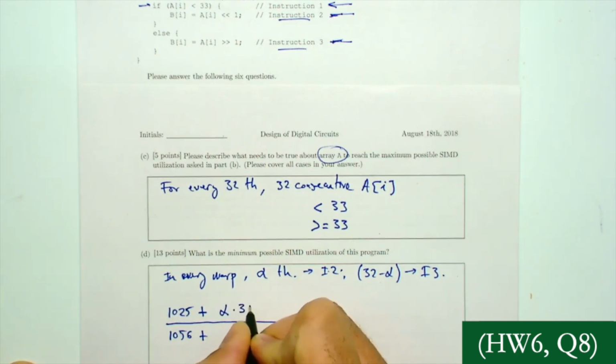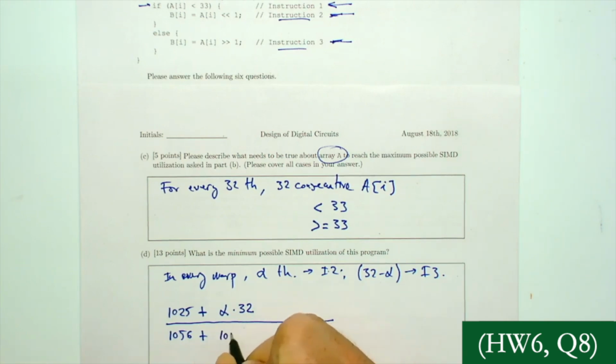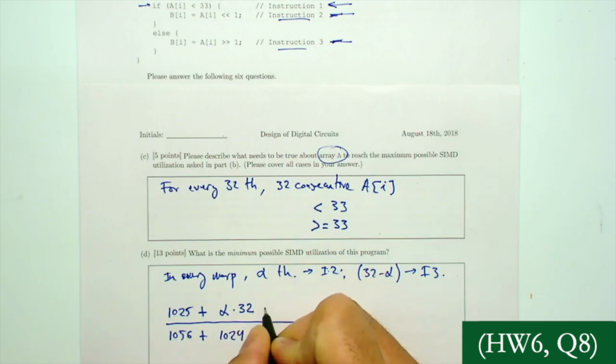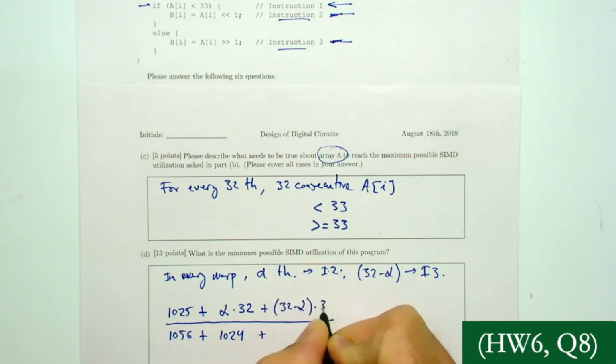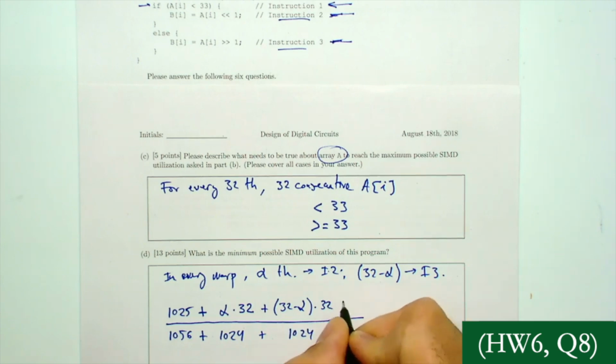We have 32 complete warps. I'm talking only about the complete warps. We will talk about the last warp with one single thread active at the end. And this is out of 1,024, which is 32 times 32. And then instruction 3 is executed by 32 minus alpha times 32 threads, and we divide by 1,024. And then we have the last warp.